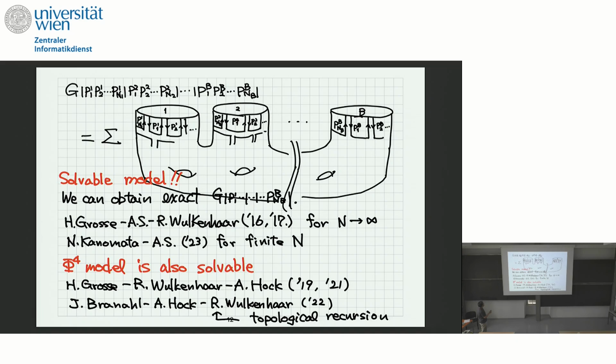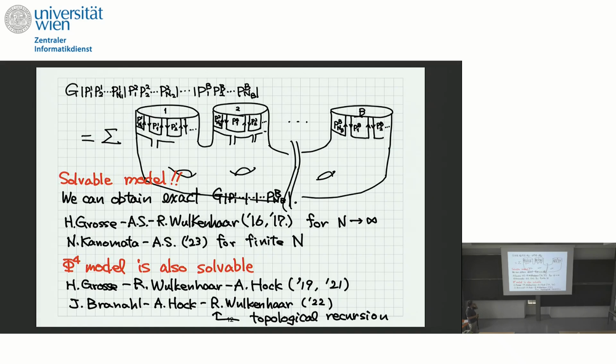P11, P12 and so on mean the external lines from boundary 1, and P2 means the external lines from boundary 2, and PB is similar. Anyway, such a complex endpoint function we can obtain exactly. So in this sense, the model is solvable.